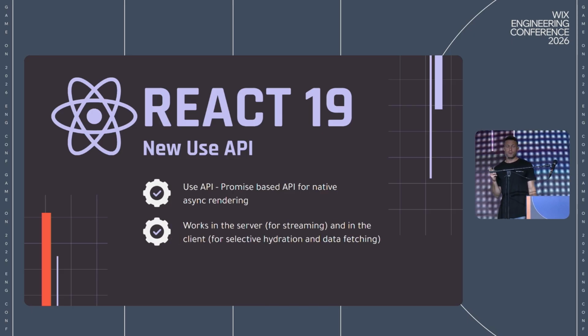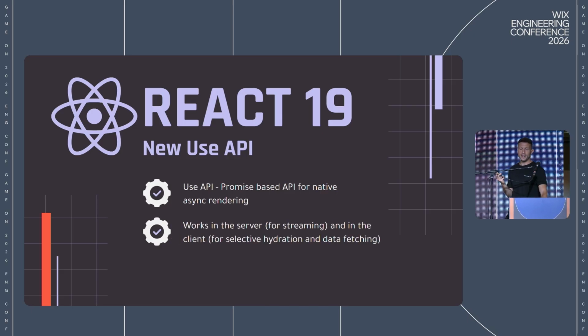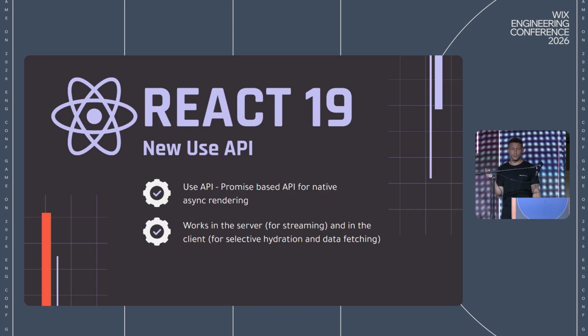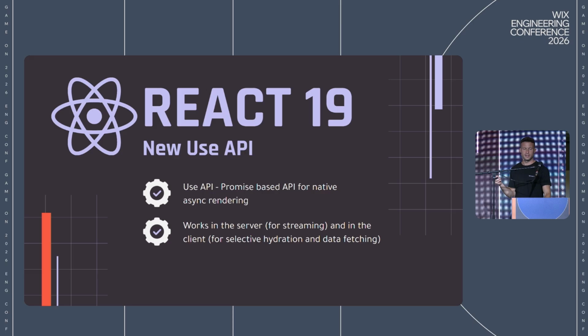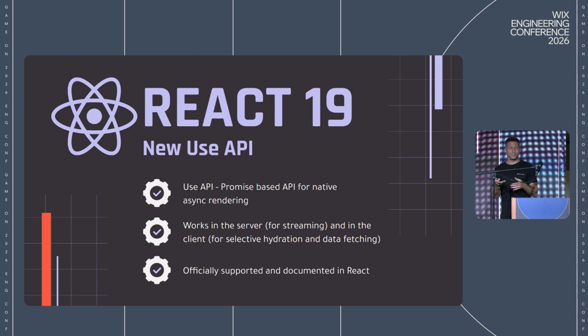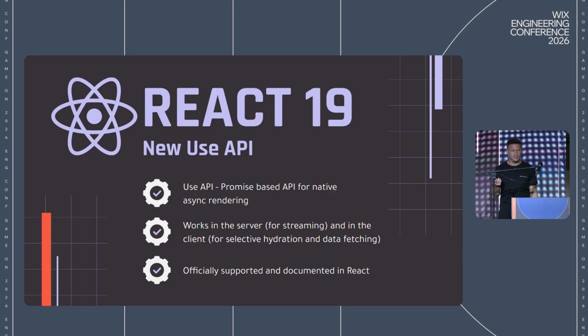Instead of manually throwing promises, React can now natively wait for async values, including hydration triggers like intersection observer, but also data fetching or any other async operation that might happen inside the component. And of course, it's now officially supported and documented in React, unlike the older internal pattern that frameworks like us had to rely on before. So it's the same idea, just looks cleaner in React 19.